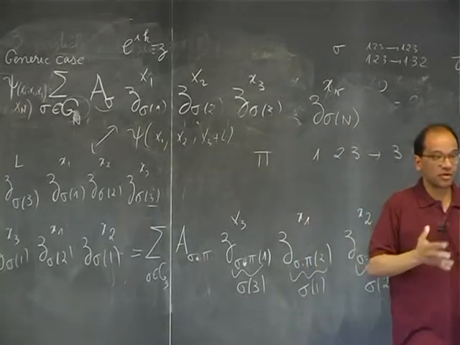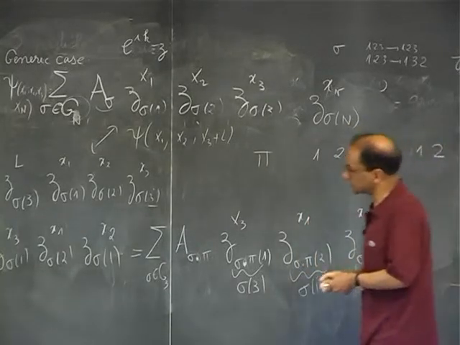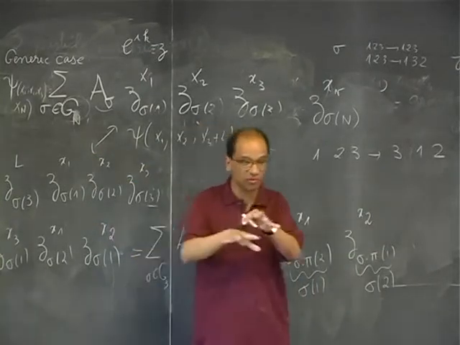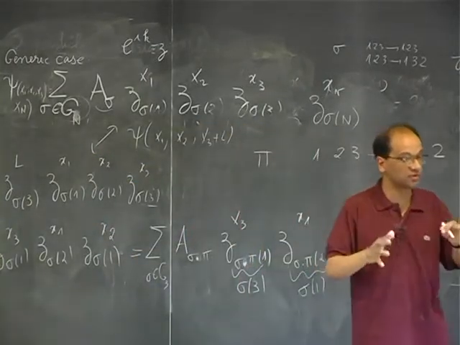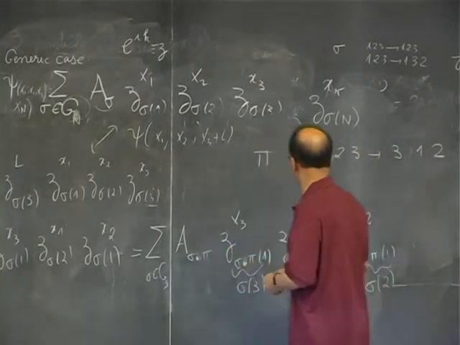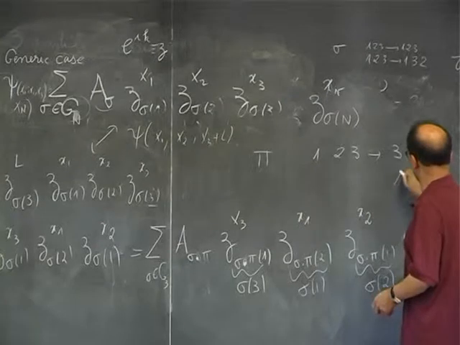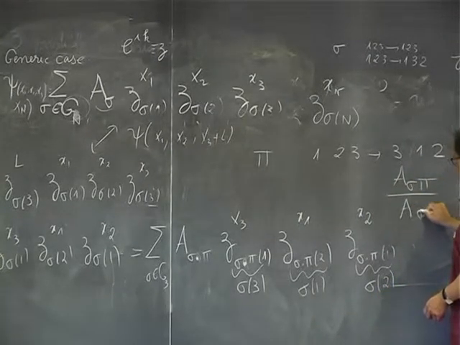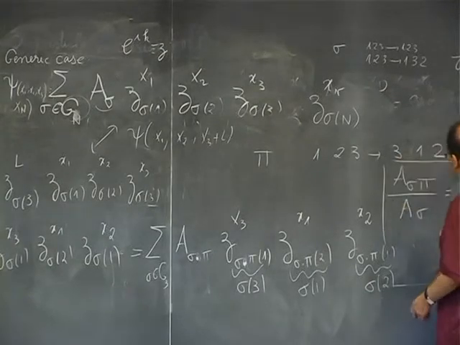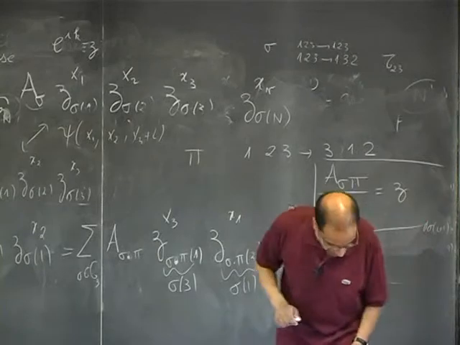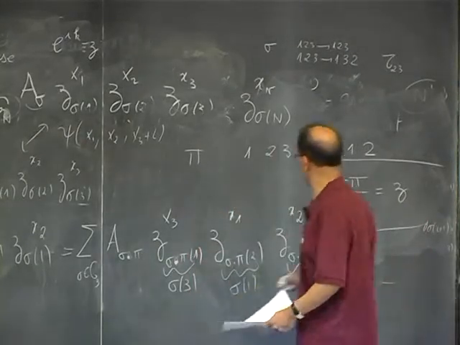Maybe the best way to learn that is to do it fully for the 3 case, writing the 6 terms, looking at which are the same and which are different, and identifying them 2 by 2. You will get a formula for the ratio of A sigma pi over A sigma, which is in fact given by Z sigma to the power L, Z1, Z sigma 3 to the power L.